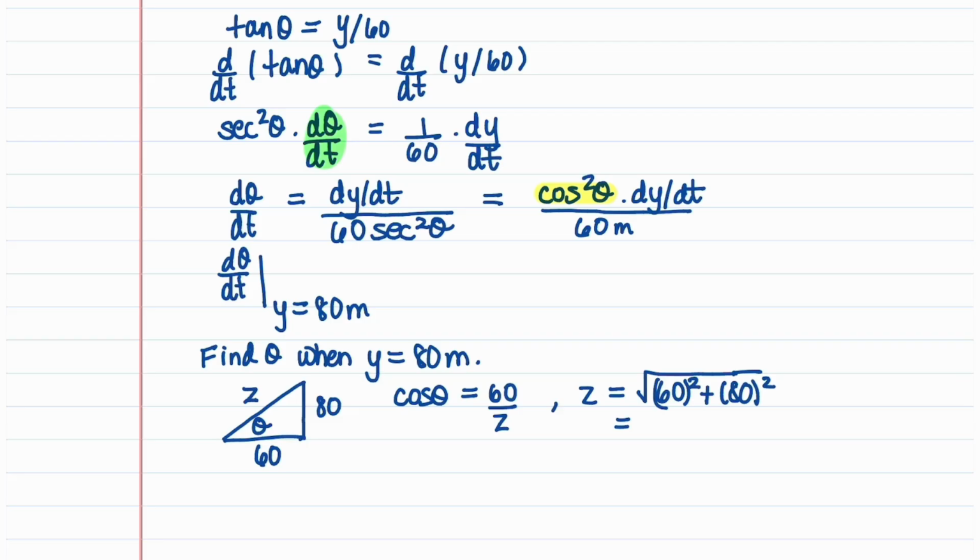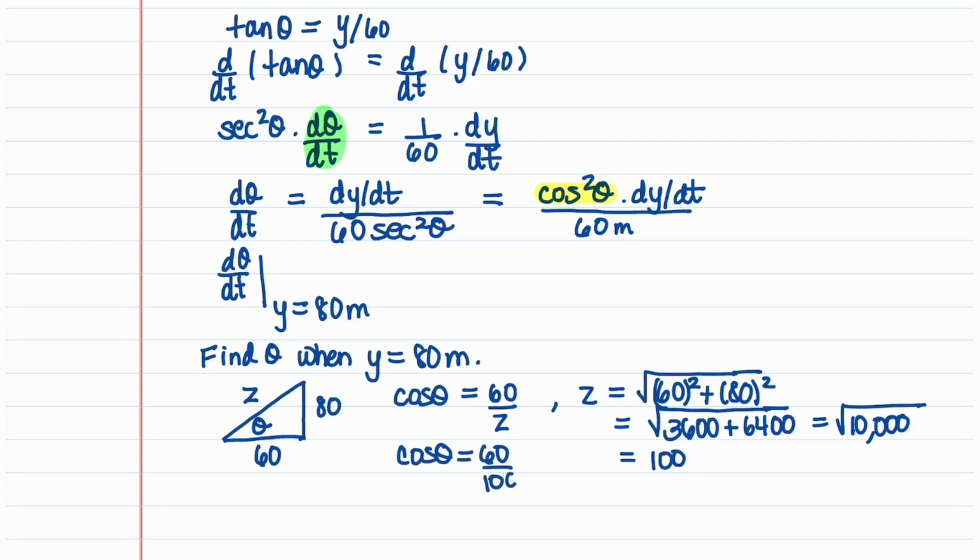So let's see, this is the square root of 3,600 plus 6,400, which is the square root of 10,000. So that's at least nice. That is equal to 100. So we can say that cosine theta is 60 over 100, which is 6 over 10, and then dividing both by 2, we get 3 over 5. So let me go ahead and highlight this. Cosine theta is 3 over 5.